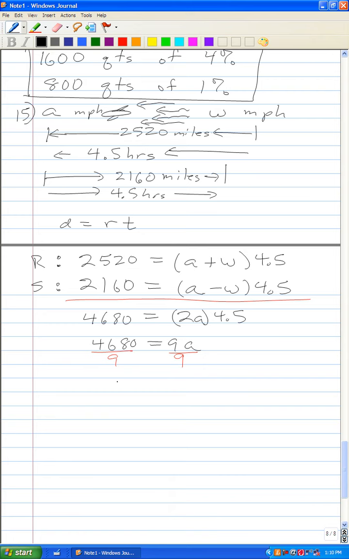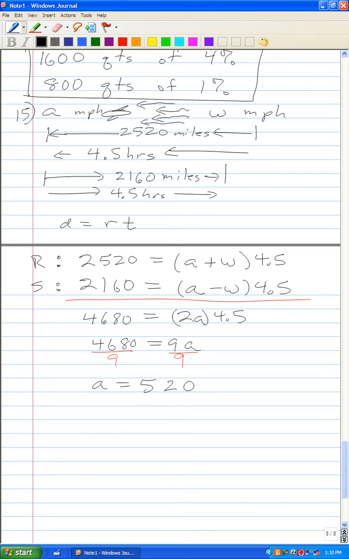And so a is equal to 520 miles per hour.